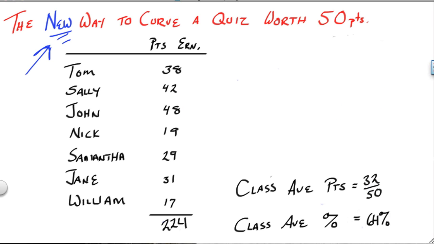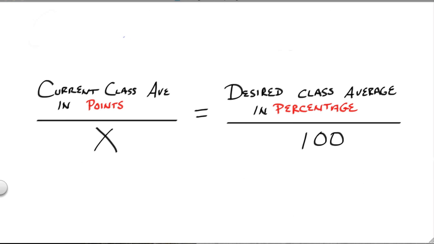So again, one more time: current class average in points over top of x, equals desired class average in percentage over 100.